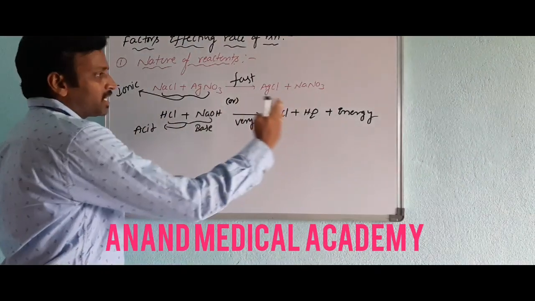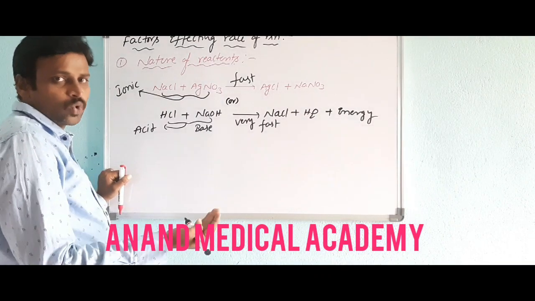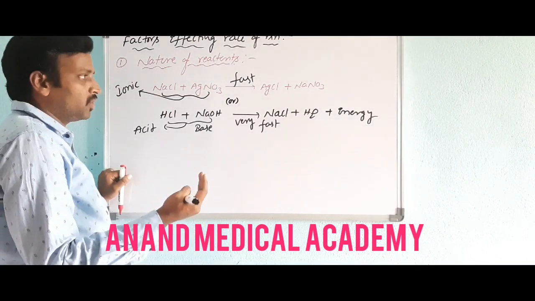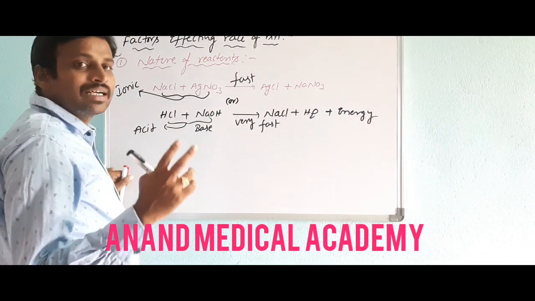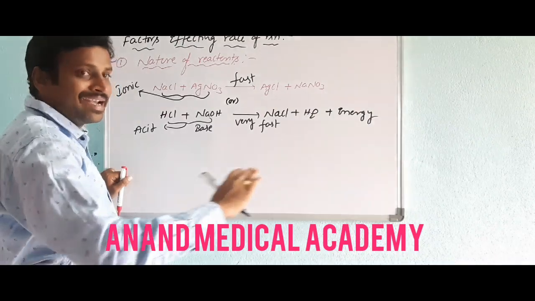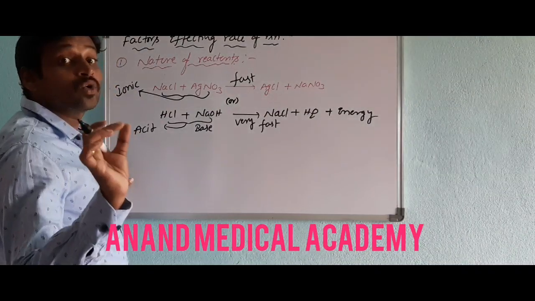Sir, if the reaction is endothermic, means heat is required, definitely the rate of reaction is low. Got it? So the rate of reaction will be low generally if the reactions are endothermic, and generally, sir, if the reactants are covalent.